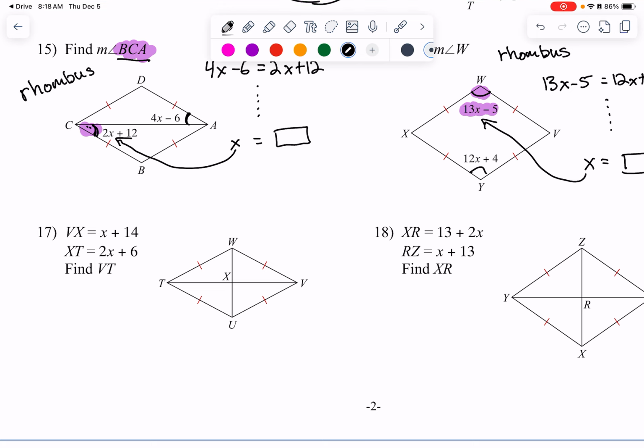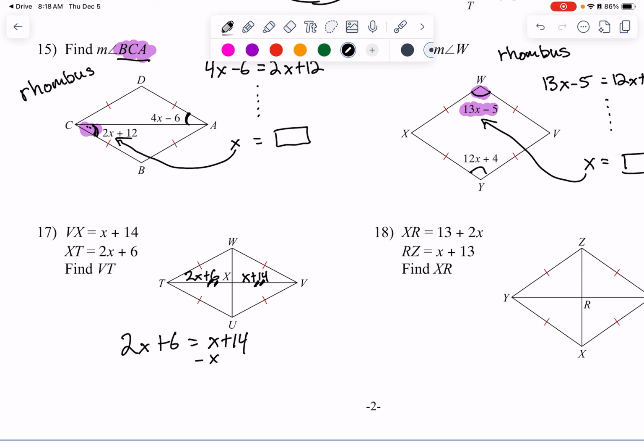So we have Vx equals x plus 14. Xt equals 2x plus 6. On parallelograms and rhombuses and some other things as well, but any parallelogram, these two halves are going to be equal. They're two equal halves because they get bisected. That tells me that 2x plus 6 equals x plus 14.